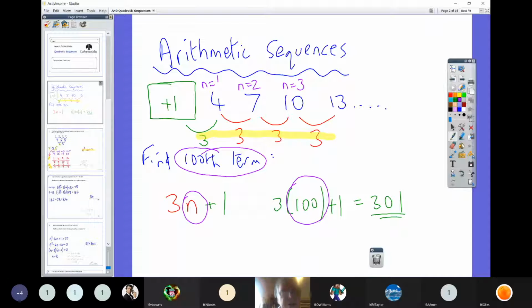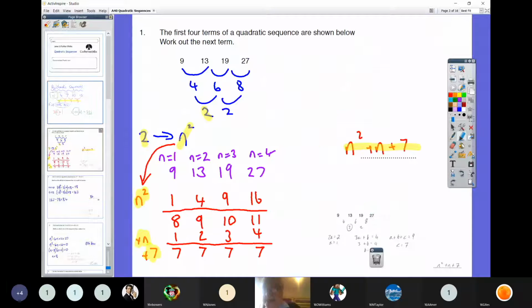So moving on to our next topic, quadratic sequences. I've got one modelled already, and I'm just going to highlight it as I talk it through to you. So the question says the first 4 terms of a quadratic sequence are shown below.